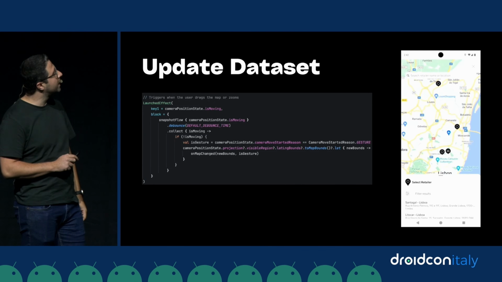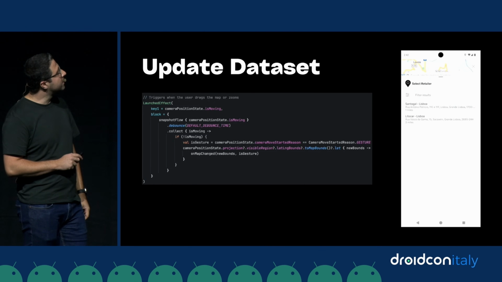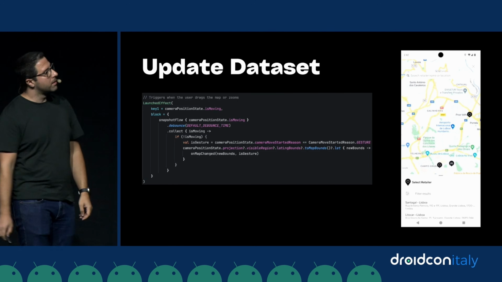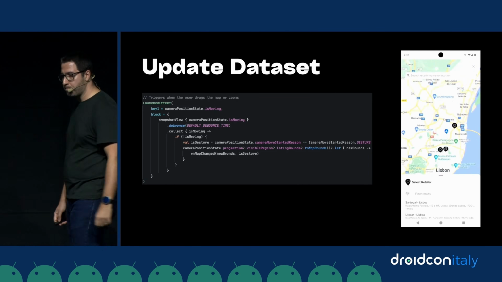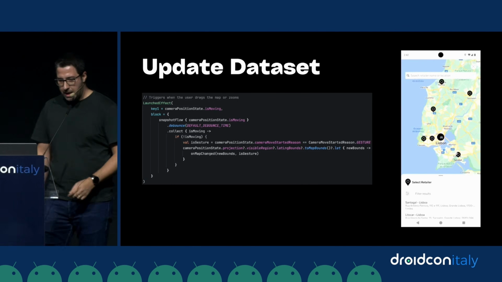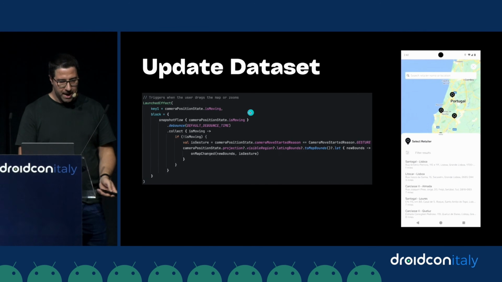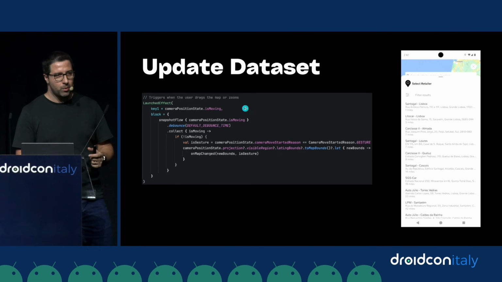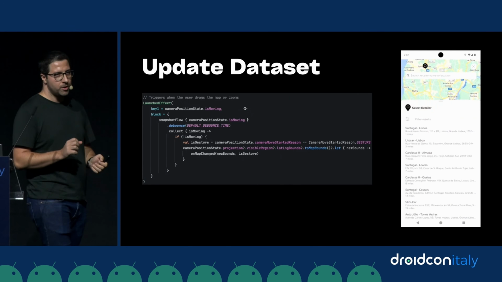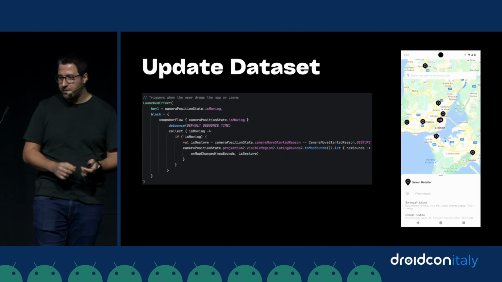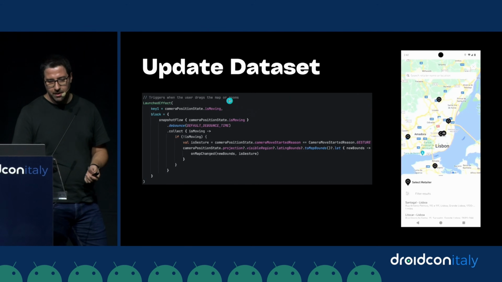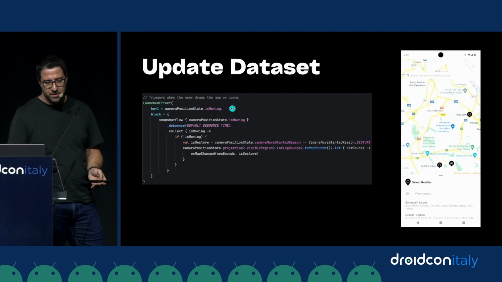So when we zoom in on the map, it is also filtering the retailers from the bottom sheet. The way of doing that is by using a launched effect. In our case, we were always checking if the map is moving or not, and you can do that by just checking the isMoving parameter from the camera position state.